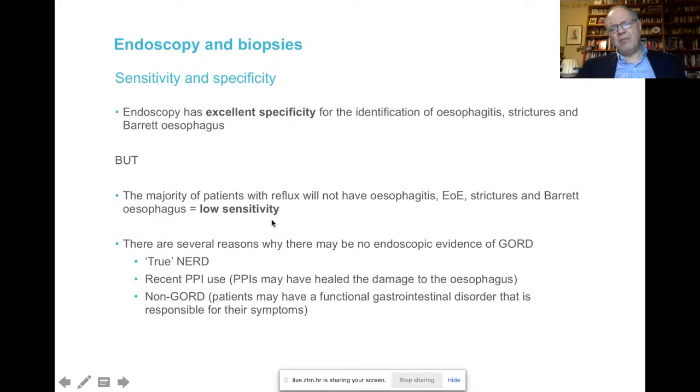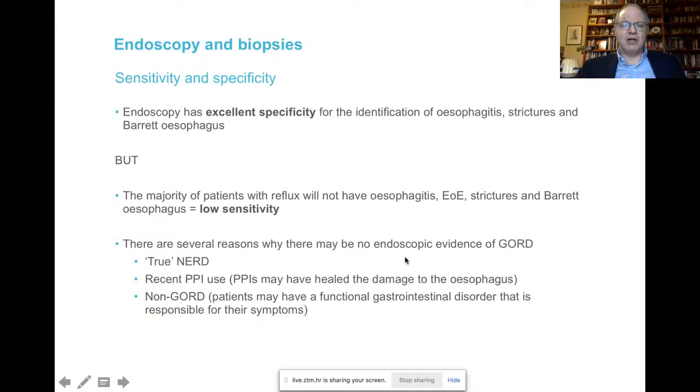And one important thing to consider is that there are several reasons why there may be no endoscopic evidence of GERD. One is that the patient indeed has true NERD. It is a real non-erosive reflux disease. But even very common is the fact that the patient had a recent use of PPIs that might have healed the damage of the esophagus, and when you do the endoscopy, it looks like NERD.